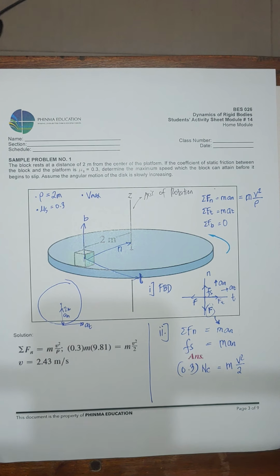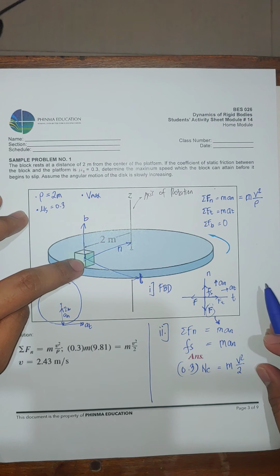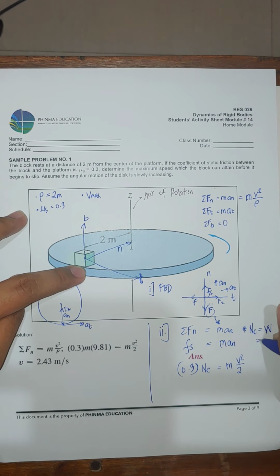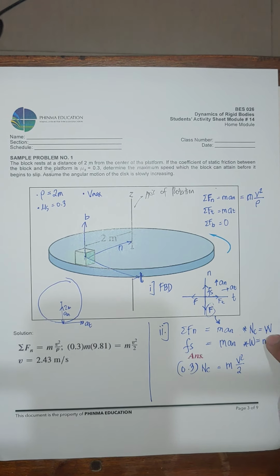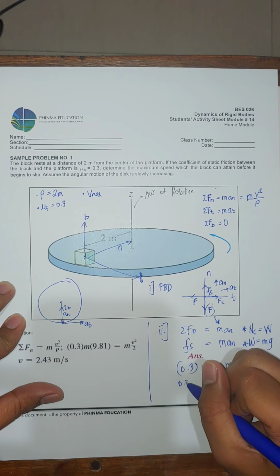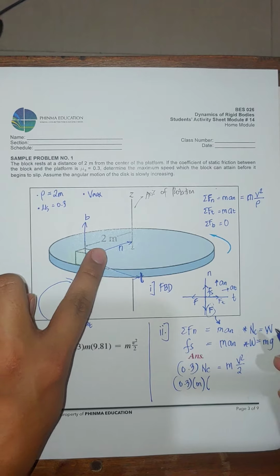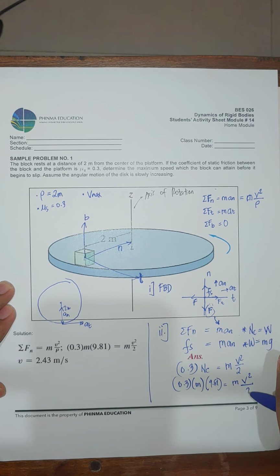So the normal force of this object is, kung yung tanong, there is no other forces nga nag-act diri, that is just equal to the weight of the object. And we know that the weight of the object is equal to the mass times the gravitational acceleration. So muna na ito i-apply dire. So we have the 0.3 times the mass of the object times the gravitational acceleration. This is an SI unit, so that is 9.81 meters per second squared is equal to mass times the square of the velocity over 2 meters.